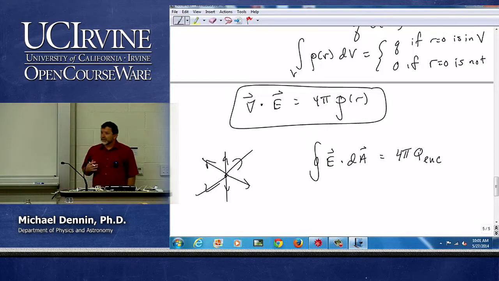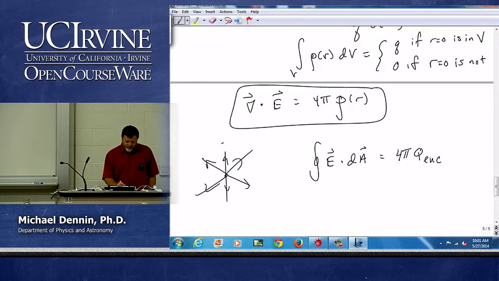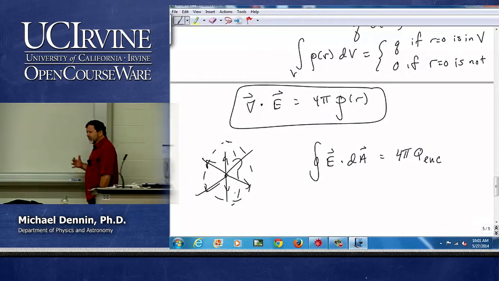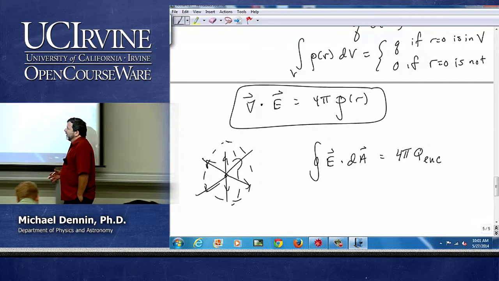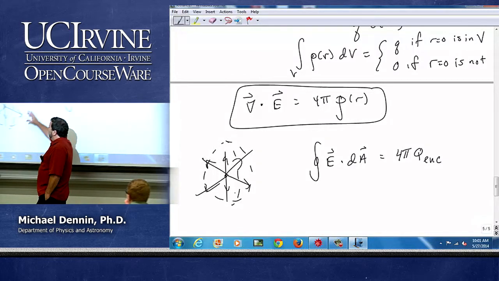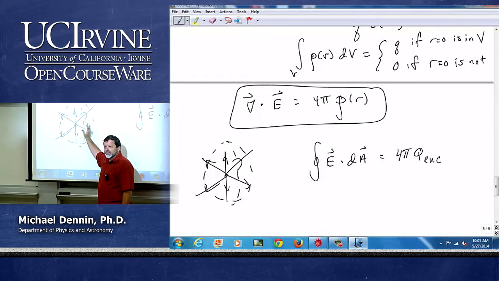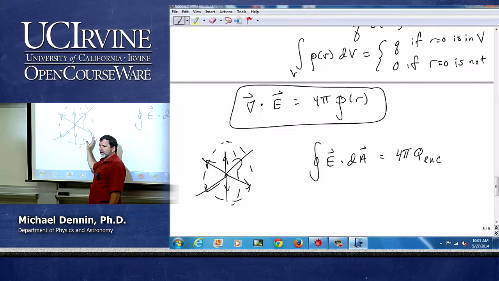I draw an arbitrary surface. Now that you've been spending time with surfaces versus volumes, Gauss's law, when we teach it to you in freshman physics, is one of the most conceptually hardest steps to make, because we haven't spent a lot of time with these integrals, and we haven't spent a lot of time differentiating between the surface you want to integrate over, the volume enclosed by it, a fake surface versus a real surface.